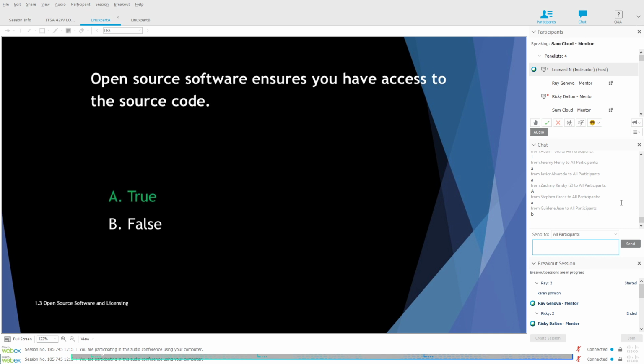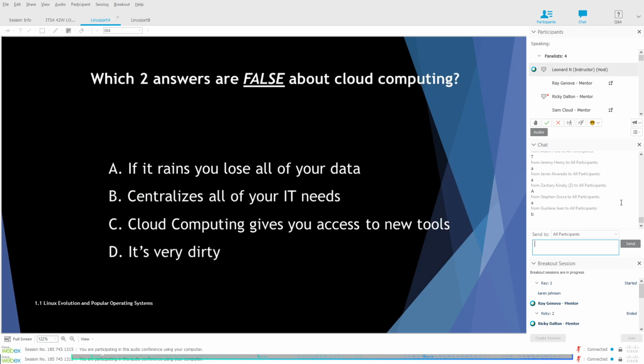And you would be correct. Which 2 answers are false? Look for this on the exam too. They like to be wordy with some things. Which 2 answers are false about cloud computing?